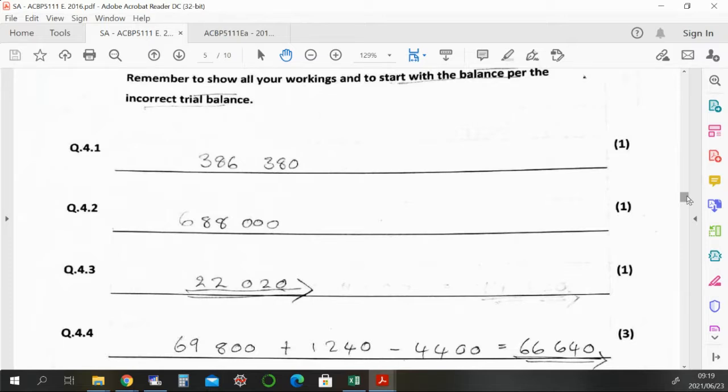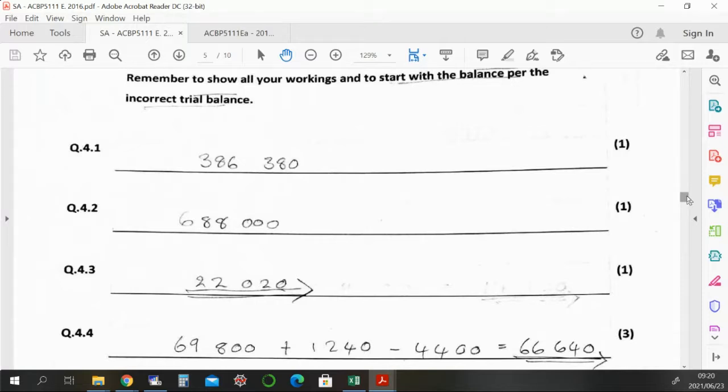So the third one, they're saying the stationery column in the petty cash journal was overcast by 900. Remember, overcast means it was more than what it should be. And they're saying the stationery column. So they're saying that amount, the total, was more than what it should be.